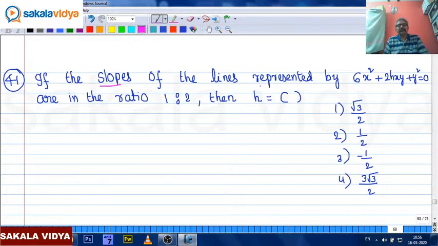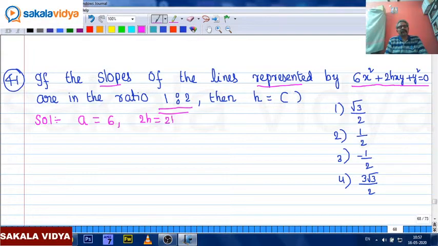Slopes of the lines represented by 6x² + 2hxy + y² = 0 are in the ratio 1:2. Then you need to find the h value. See, first of all, a equals 6, 2h equals 2h, b equals 1. The ratio given is m:n, 1:2.